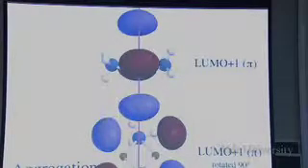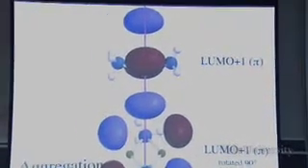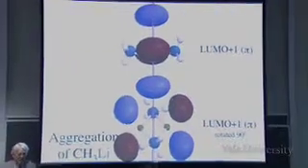Okay, so that's what it is, but we're going to drop an axis that goes right through the middle of that parallelogram. Okay? And now along that axis, we're going to bring up another molecule, but it's going to be rotated 90 degrees. So those are the same two orbitals, LUMO +1, in both cases.